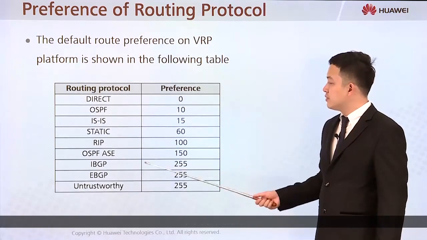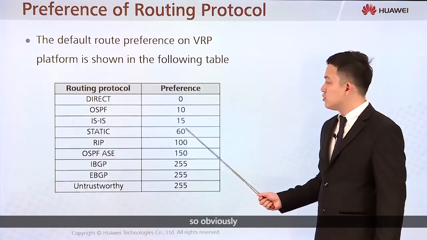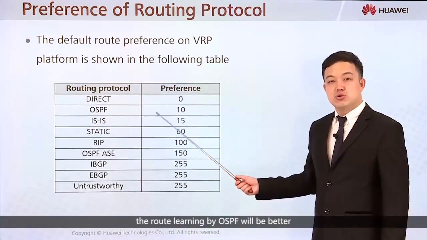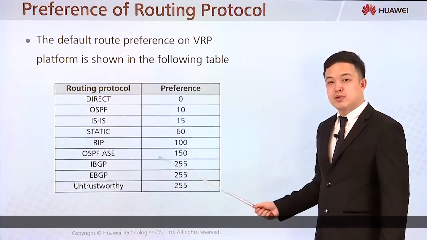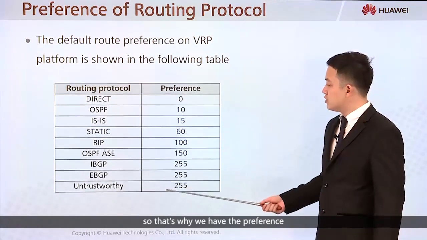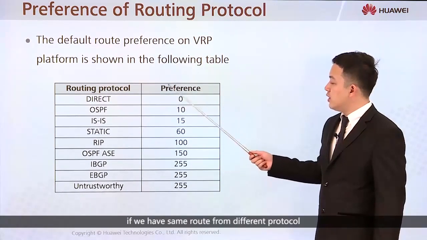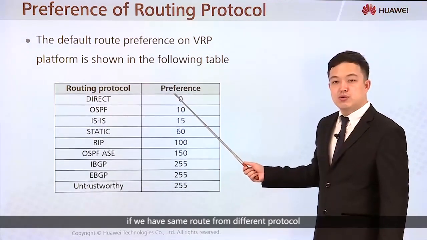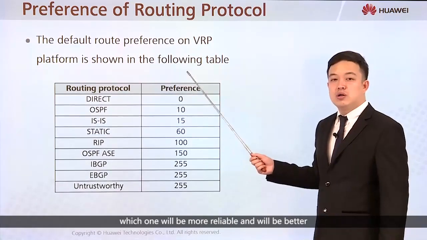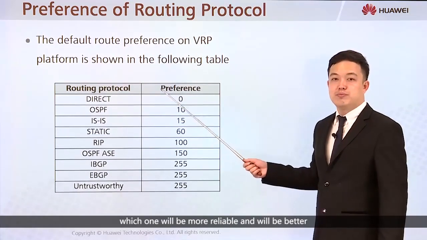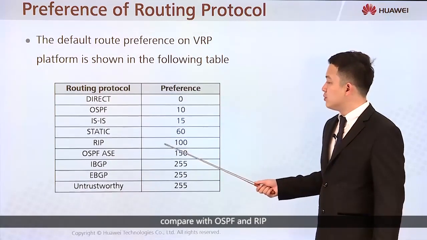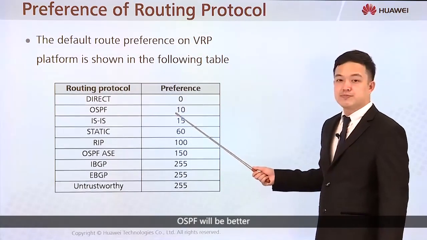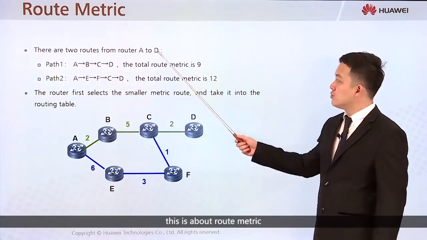OSPF is 10, RIP is 100, so obviously the route learned by OSPF will be better. So that's why we have the preference: if we have the same route from different protocols, we can select which one is more reliable. Compared with OSPF and RIP, OSPF will be better.